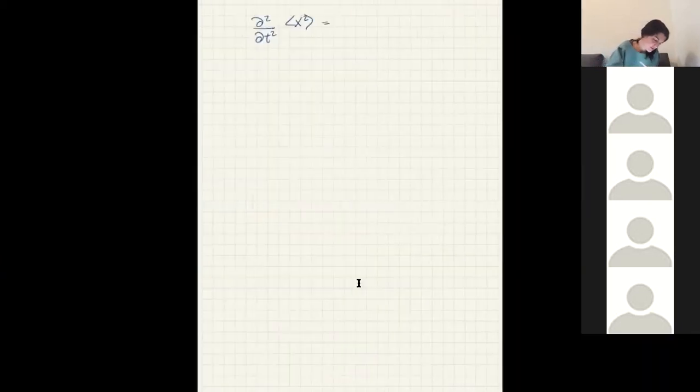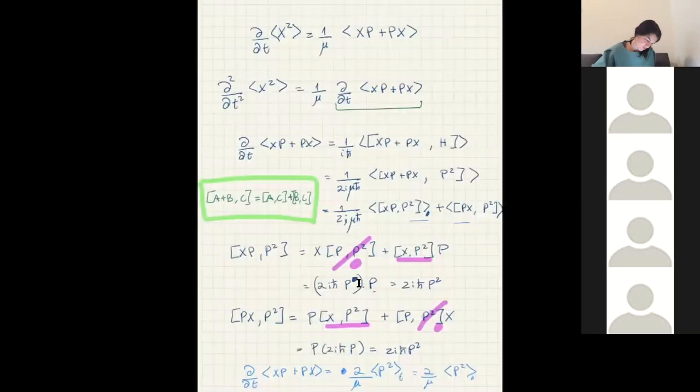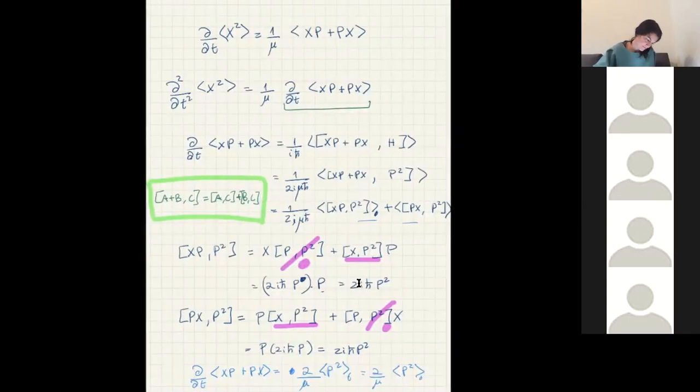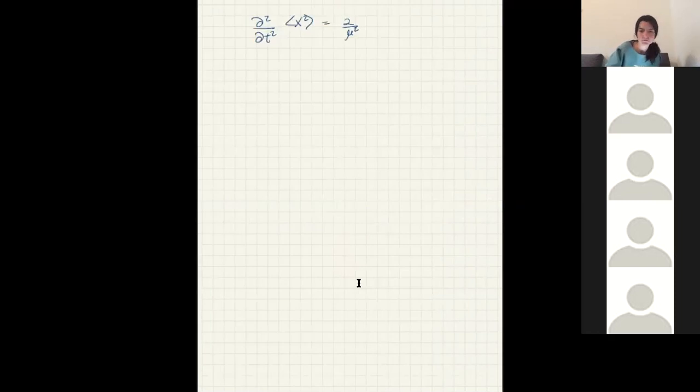So it is 2 over mu square now, and p square at time 0. Okay, which makes sense because here we have momentum square, and we have the mass square as well to cancel out those units. Good. So now we have that the second derivative of our function is a constant.